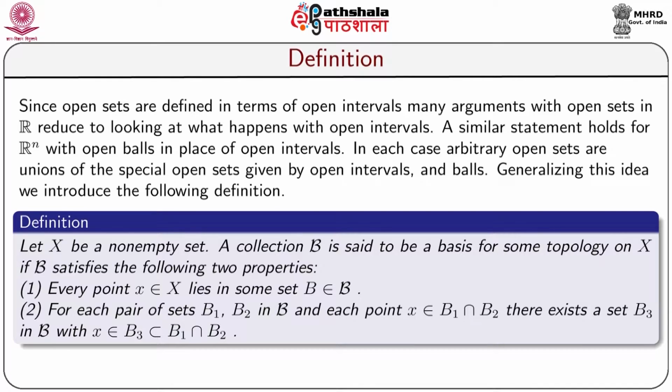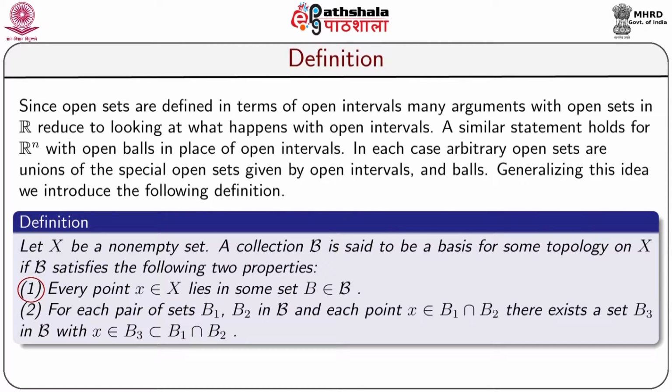Definition: let X be a non-empty set and let script B be a collection of subsets of X. Then script B will be called a basis if it satisfies the following two properties.